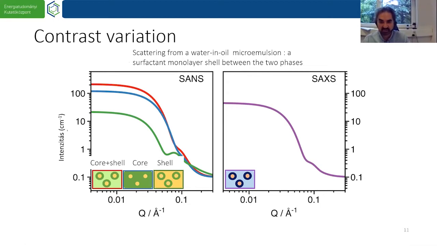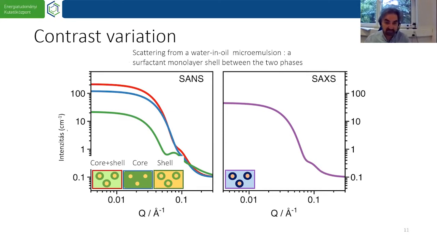We cannot vary the contrast between the shell, the core and the solvent. So the information we can extract by small angle X-ray scattering in the case of such complex particles is definitely less than in the case of neutrons.